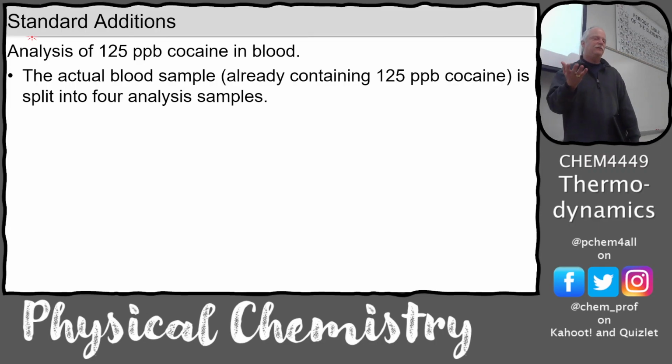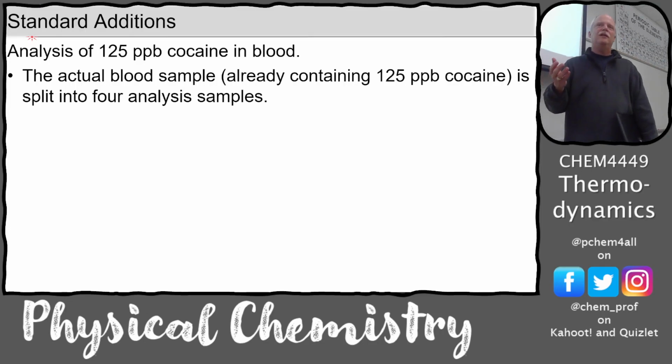But these instruments analyze 50 microliter injections. They even have inserts, like you've got a 500 microliter vial, well, they have little plastic inserts that go in and reduce the volume to 200 microliters. So you can mix up samples that have 200 microliters, and then you can inject 50 of those.